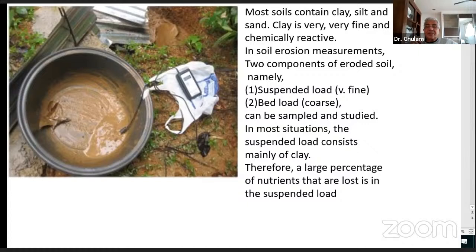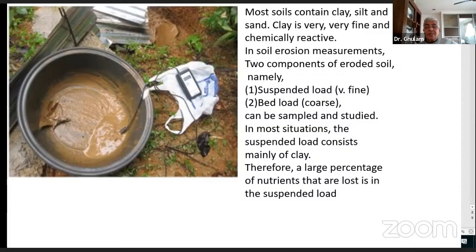That means it has a very large surface area because it's very fine, and its surface is also negatively charged. When it's charged, it is attracted to positive charges. And so that's why soil aggregation usually starts with the clay particles.